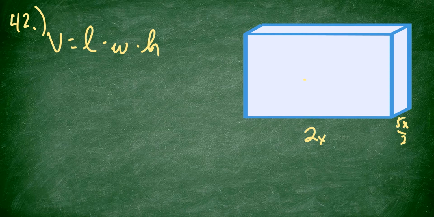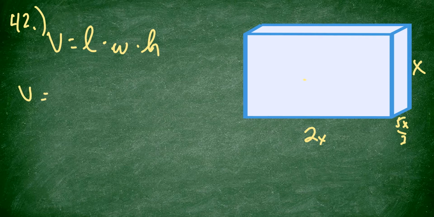Alright, number 42 is talking about the volume. So the volume of this rectangular prism is equal to length times width times height, where the length is 2x, the width is 5x over 3, and the height is x. Obviously, it's not going to scale. So I'm just going to plug this stuff in.